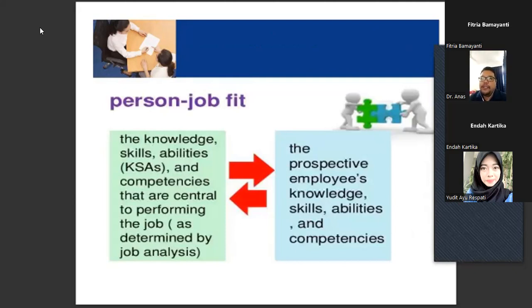Okay, the person job fit is between the KSA. KSA stands for K is knowledge, S is skill, A is abilities. So KSA and competency are central to performing the job as determined by job analysis. So these are between the prospective employees' knowledge, skills, abilities, and competency.